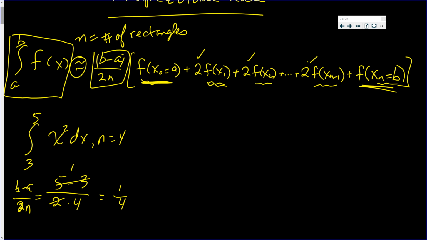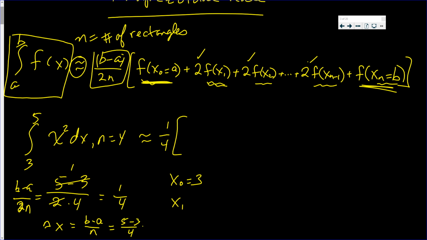Okay, so let me write down the 1 quarter. Now, what is x0? x0 is 3. Now, x1, so what is delta x? Delta x is just b minus a over n. It's 5 minus 3 over 4, which is 2 over 4, which is 1/2.